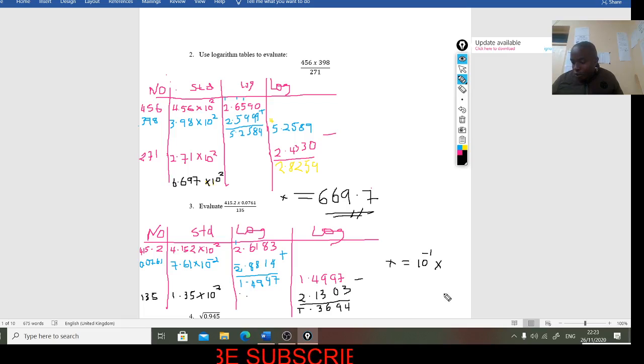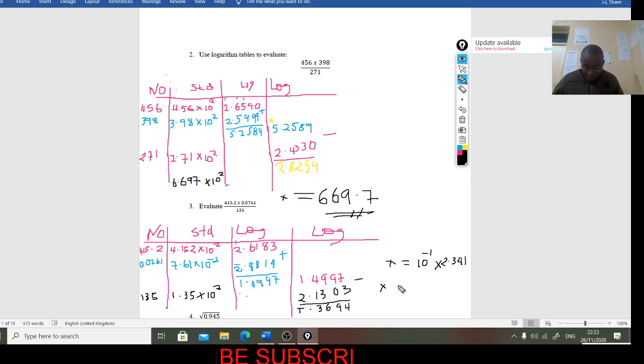You will find them as 2.341. Now you multiply this. Remember, it is one step behind, so it will be 0 point.